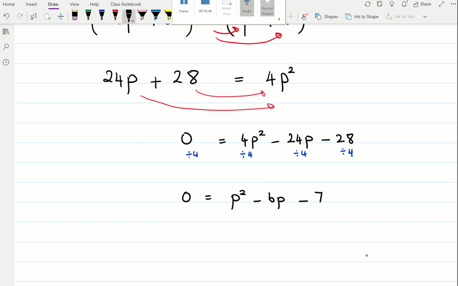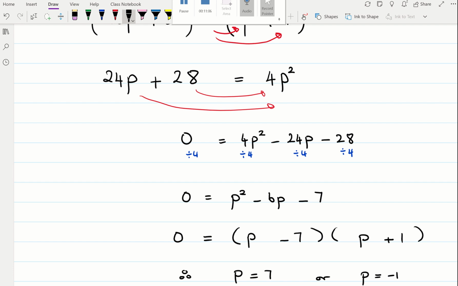And I'm going to factorize that. So this is p minus 7, p plus 1. Therefore, p equals 7 or p equals negative 1. And that is definite integral section 8.1.